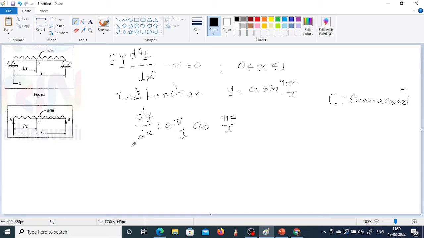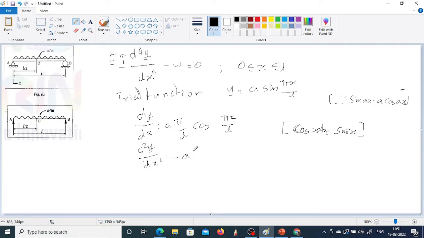After that we can't stop at this level because we have a fourth order differential equation, so I again perform the differentiation, which is d²y/dx². Differentiating cos x with respect to x gives minus sin x, which is the formula. So here the minus symbol is introduced.